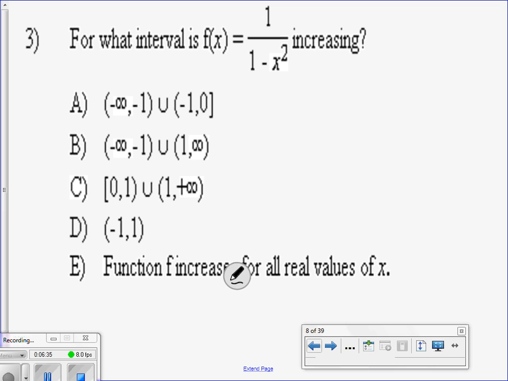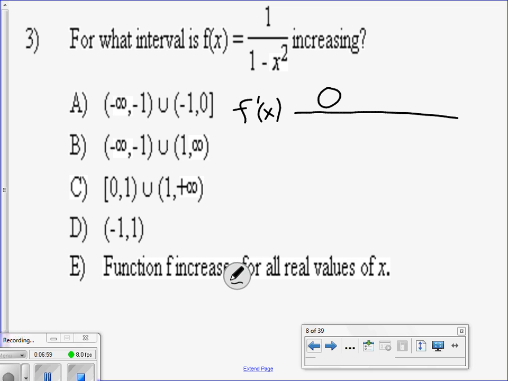All right. So we got to get the derivative. They ask us if a function's increasing or decreasing, right, so we need the first derivative. What do we need to get the first derivative? Lo d hi. What is the denominator times the derivative of the numerator going to equal? 0.